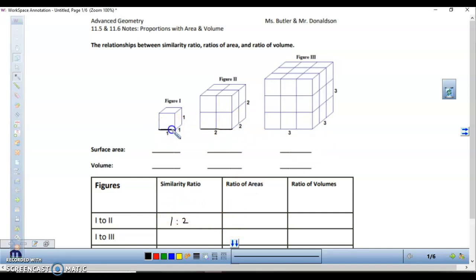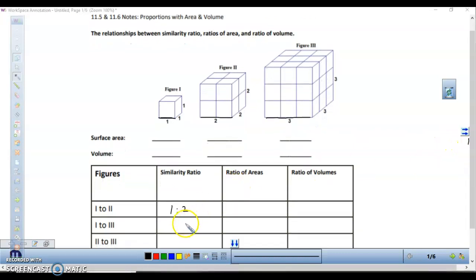Well, this edge is a length of 1, and this edge is a length of 3, so it would be 1 to 3. And then finally, what's the similarity ratio from figure 2 to figure 3? Same thing, if I look at their corresponding edges here, this has a length of 2. This has a length of 3. So it would be 2 to 3.